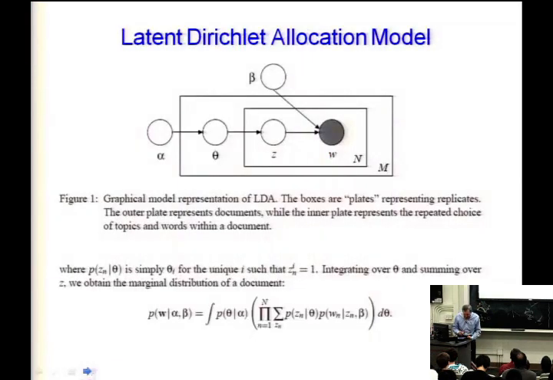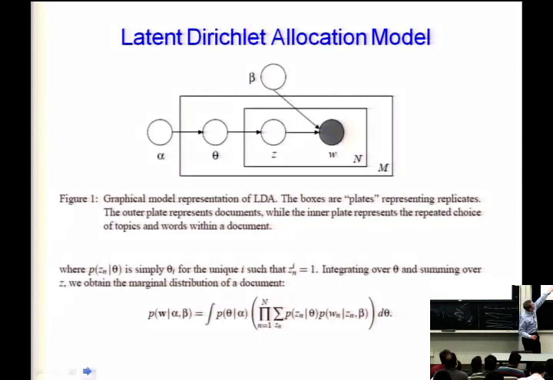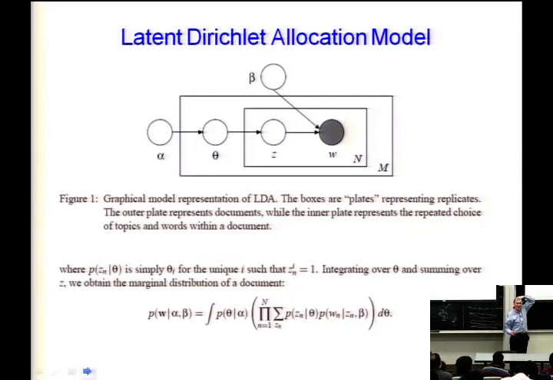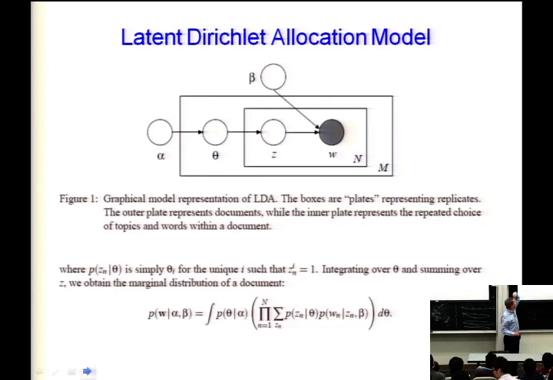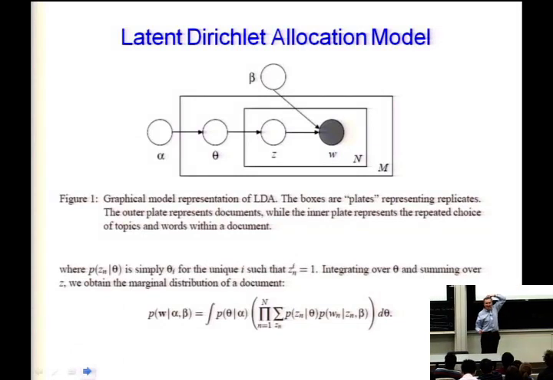So this is just standard Bayes net stuff. And for example, here's another diagram from another paper also talking about the same kind of topic model. Just as you would do if we gave you that Bayes net on a final exam and asked you to write down the joint distribution over those variables, you'd write down something like this. If I ask you, given alpha and beta, what's the probability of W?